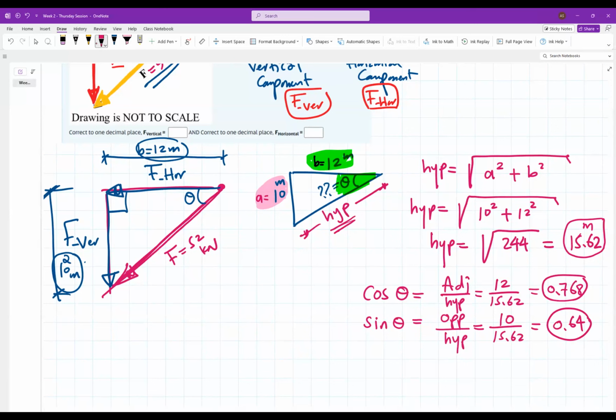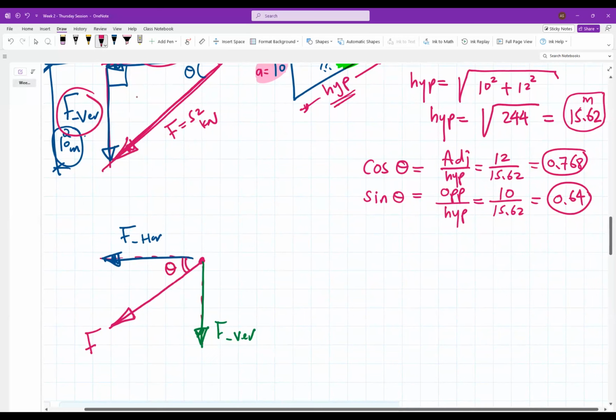So if we have this here, this is our force F. The blue one is our F horizontal component, and the green one will be our vertical component. So we know the angle we have; this is theta, okay?